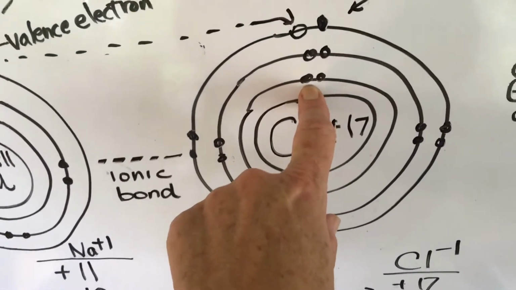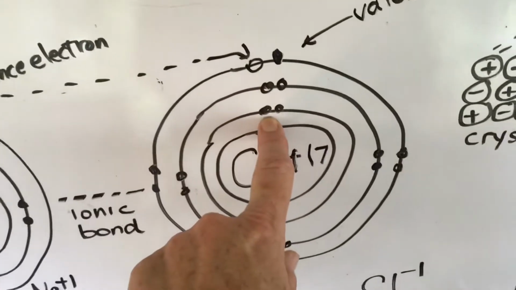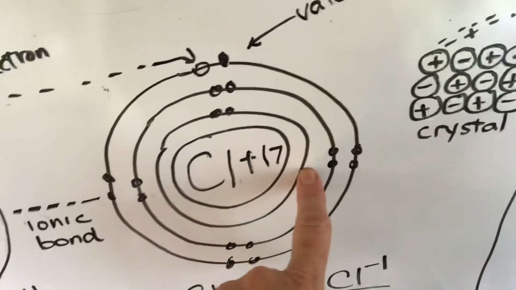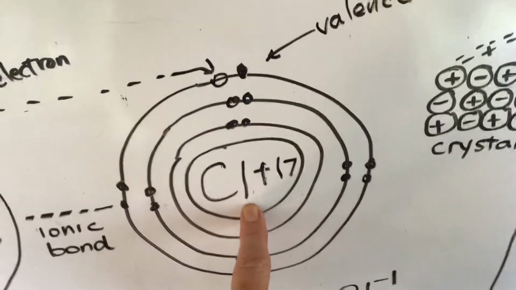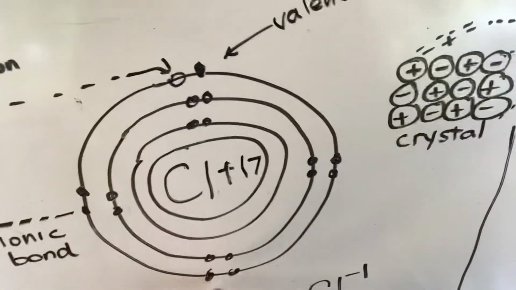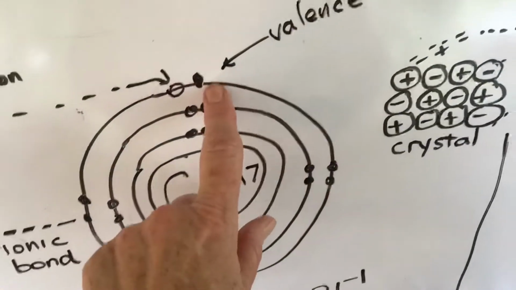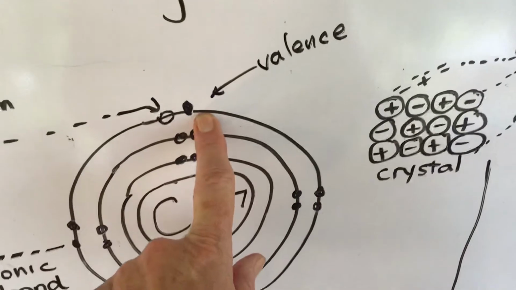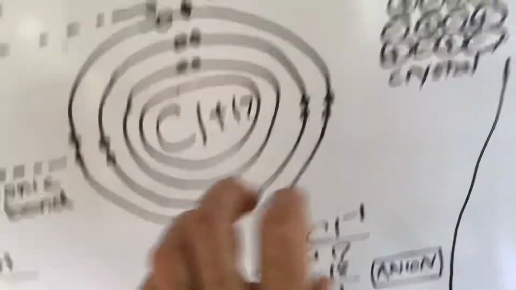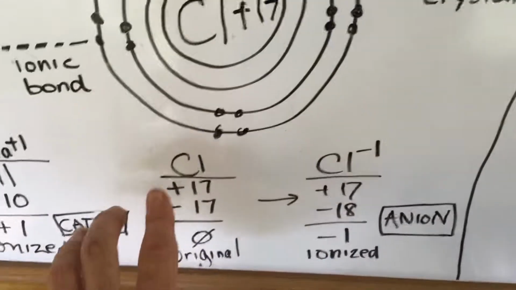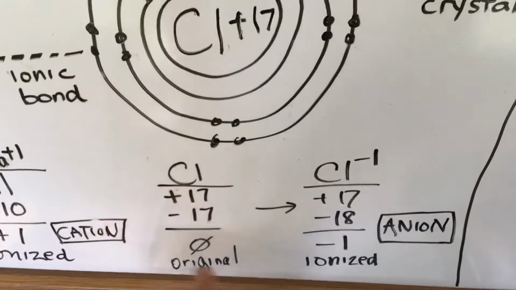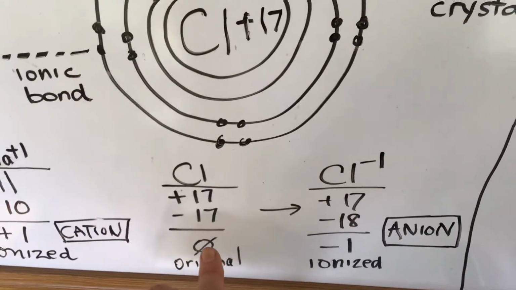The second energy level, it will have 8, so 2, 4, 6, 8. That makes a total of 10 so far. That means we have 7 valence electrons, 2, 4, 6, and the 7th valence electron. Its overall charge in its original form would be plus 17 and negative 17, or no charge.